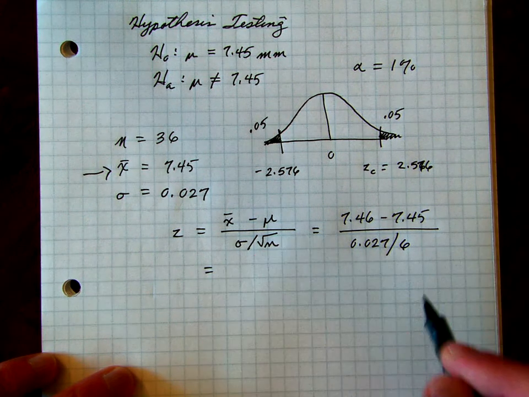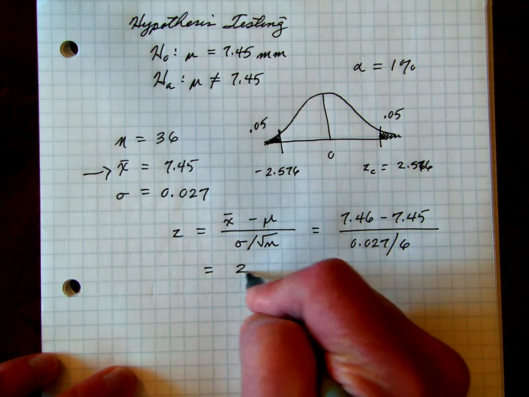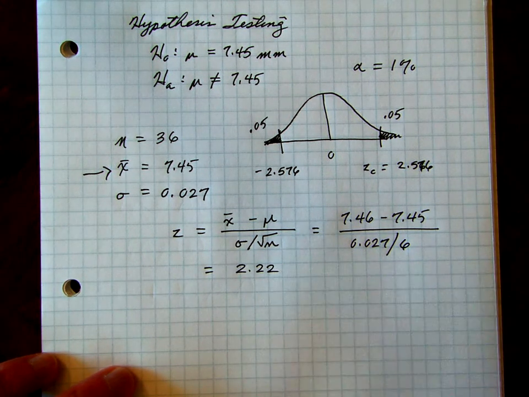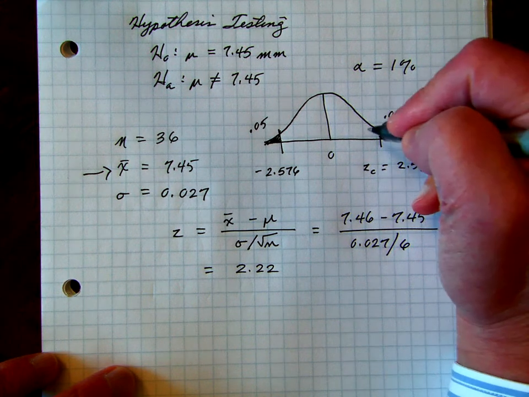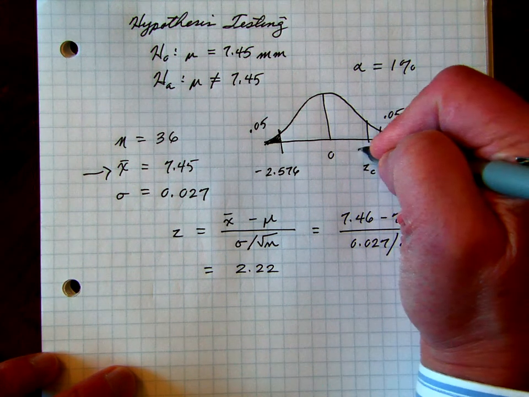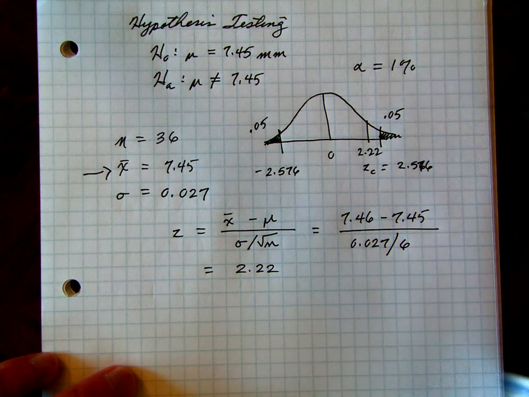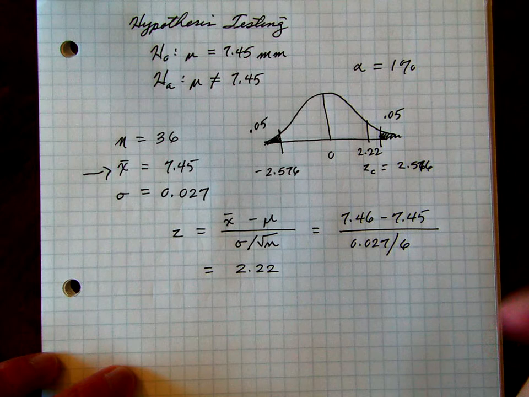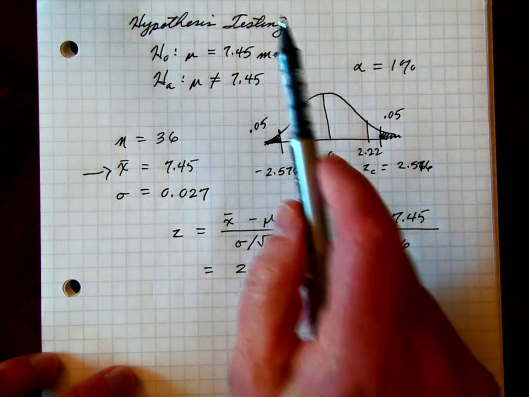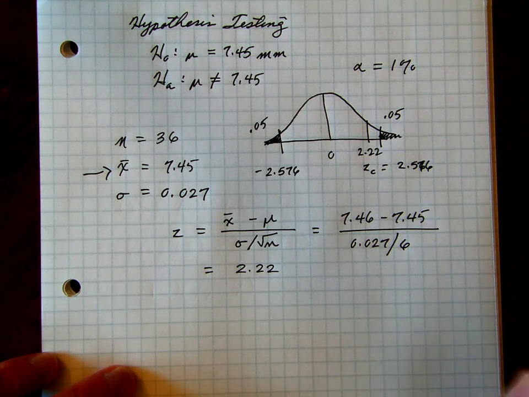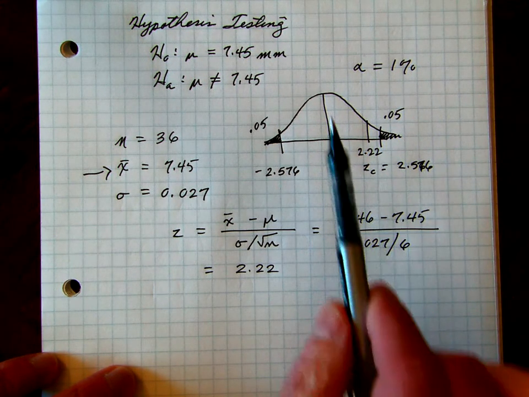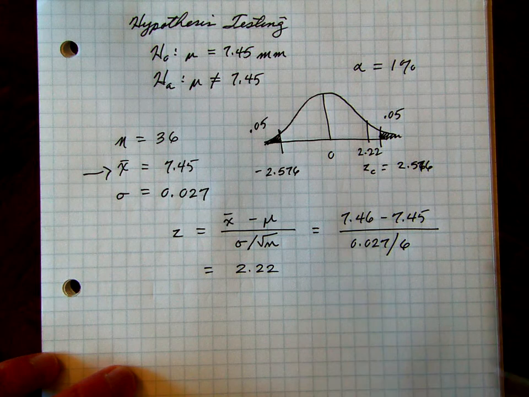And when you work it all out, you get 2.22 and a bunch more 2's. Well, look what we discovered. We're up here at 2.22. We are not in the rejection region, and so we're able to accept the null hypothesis. We're not rejecting it. We are in compliance with our requirement to at least 1%.